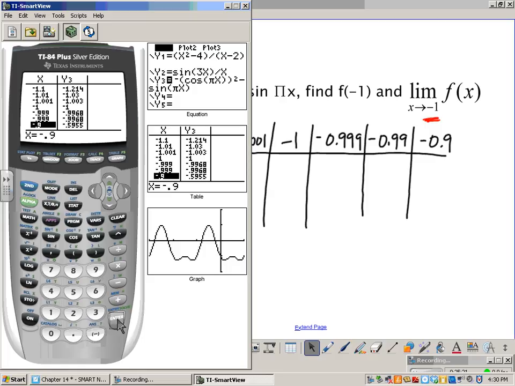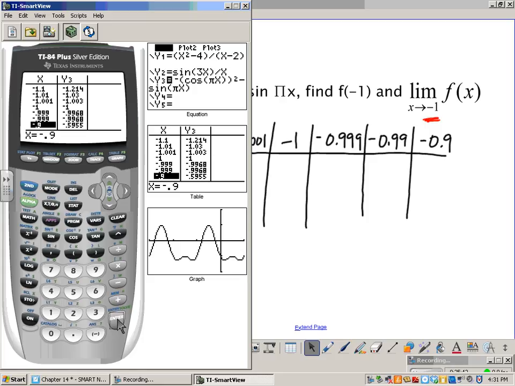Okay, here we go. So we definitely have some strong evidence here that what's happening is that it's approaching -1. Now, this is the first example that we've done in which we notice that the limit is actually the same as f of -1. F of -1 this time produces a -1. It's not undefined.